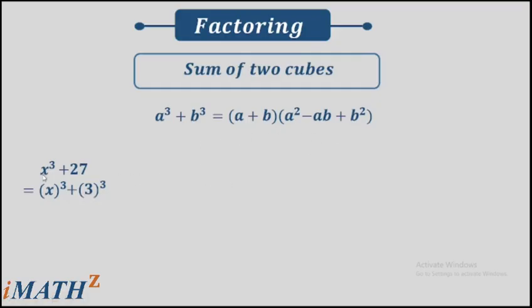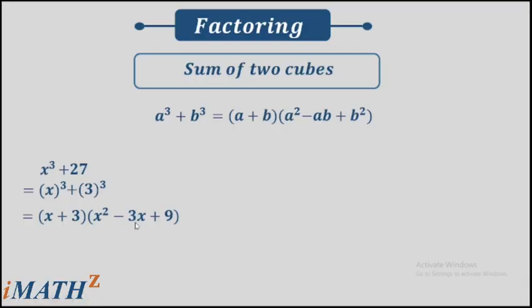So to factorize x cubed plus 27, we can write it as x plus 3, which is analogous to a plus b, times x squared minus 3x plus 9. Here, this is a plus b, where we identified that x is a and 3 is b, and this is x squared, which is the same as a squared in that equation.